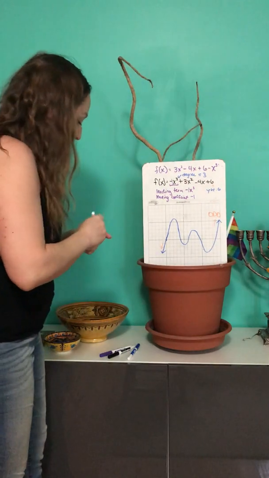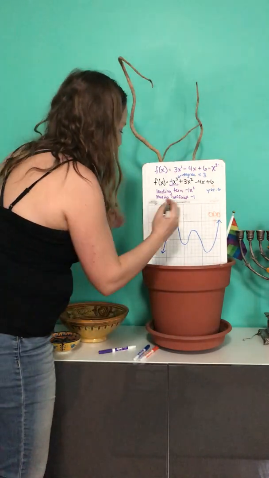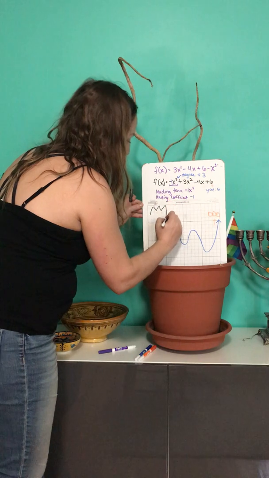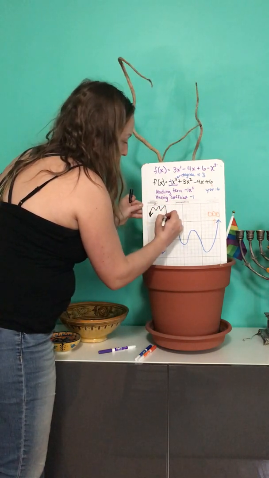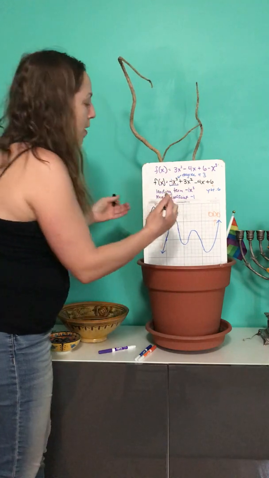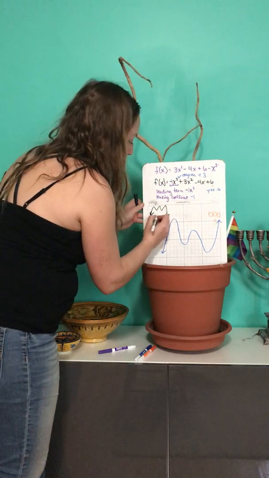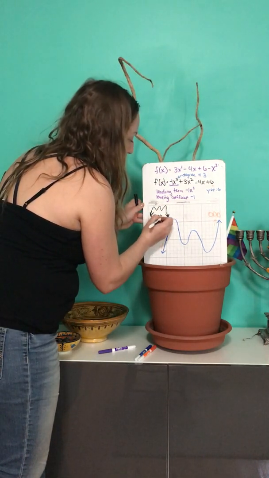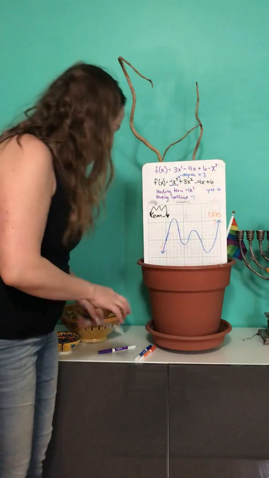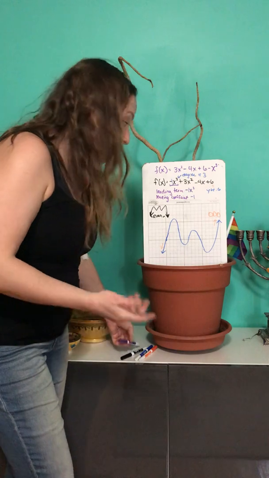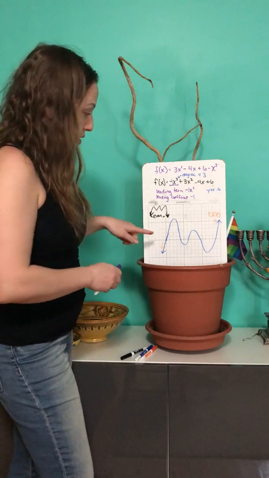If they were going the same direction, so that would look like this, let's say, and then they're both going down or both going up, that would be even. So if they're going the same direction, it's even, different directions is odd. The next thing is, one thing you can look at is the degree, so how many turns does it take?